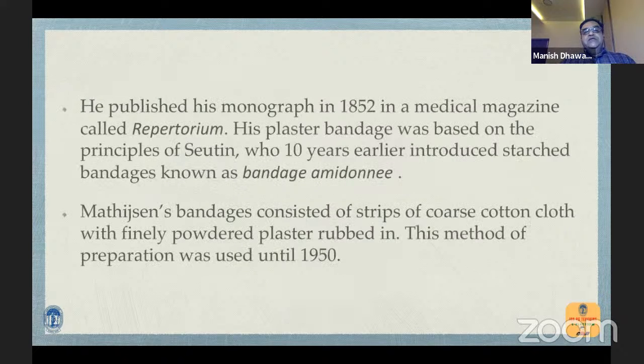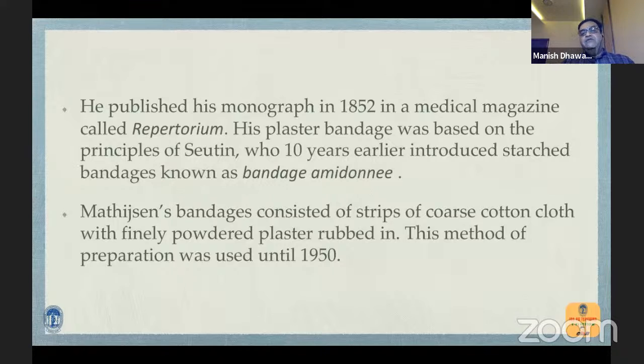Now he published his monograph in 1852 in a medical magazine called Repertorium. His plaster bandage was based on the principle of Seutin. Ten years earlier, Seutin had introduced starched bandages, which were known as bandage amidonné. And Mathijsen's bandages consisted of strips of coarse cotton cloth on which finely powdered plaster was rubbed, and this method of preparation was used till 1950.